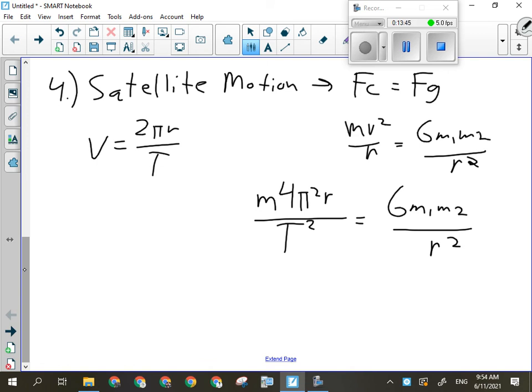I had a lot of people for satellite motion questions, for gravitational field strength questions, even the universal gravitation question, trying to work this and this into their work. How much did we use either one of those formulas?